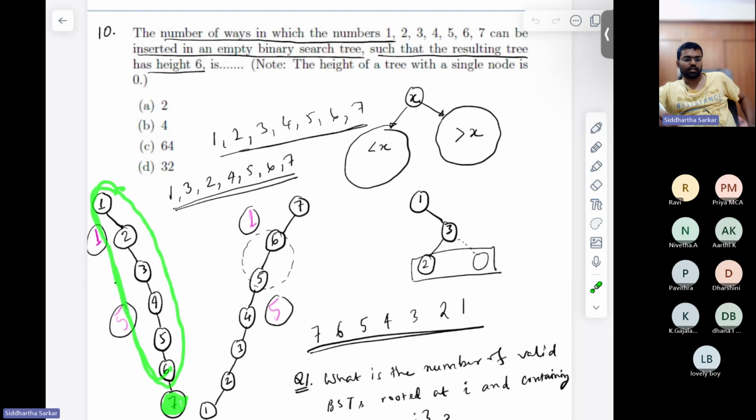Therefore in every step we have two choices. In the last step you don't have any choices because that number is the last remaining number and is already determined. So 2 to the power 6. That is correct. Very nice, very good. At every step we have two choices to select either the highest or the lowest value out of the remaining list. That's how it is 64.